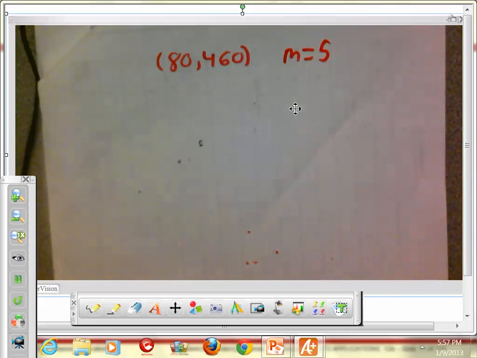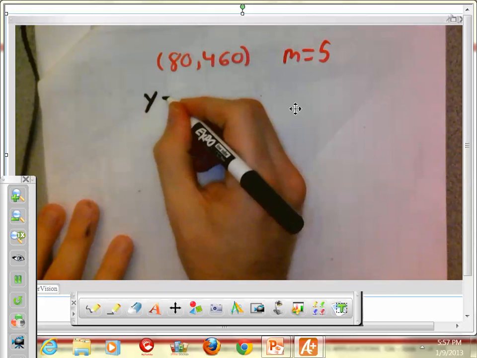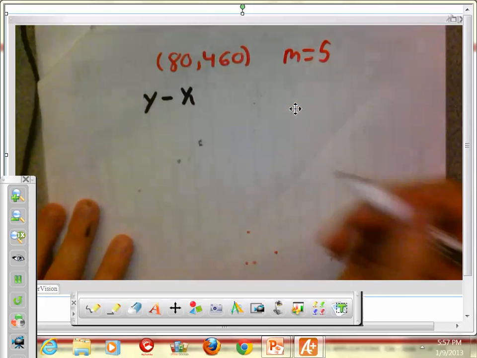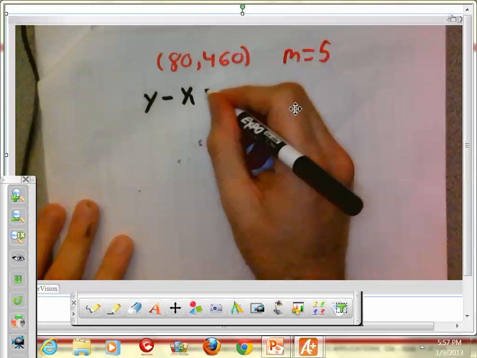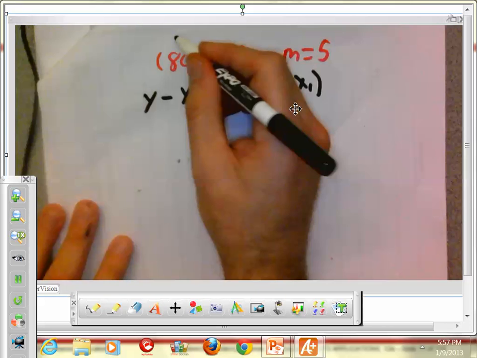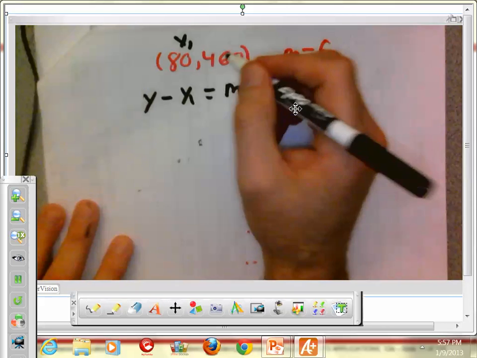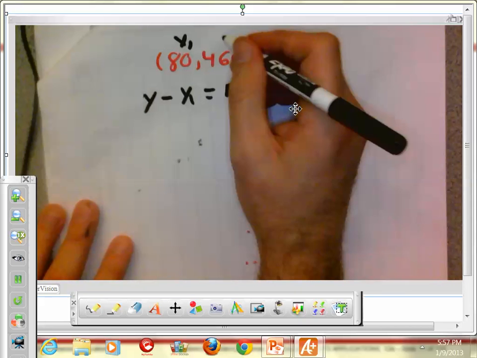Now, we know that the point slope form is going to be y minus y1 is equal to the slope times x minus x1. Now, my point is going to be x1, y1. It's going to be my first coordinate of the point, and y1 is going to be this.